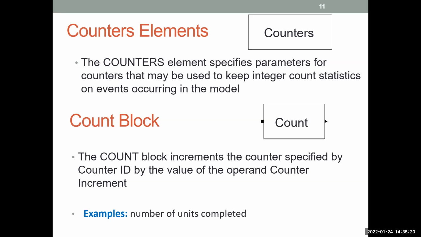So in the elements, you will define the name of the counter and the increments of the counter. So if you are going to increase every time someone crosses this block, you're going to increase it by 1 unit, 2 units, 3 units, and so on. The count block increments the count specified by the counter ID by the value of the operand counter increment. So for example, the number of units completed, you can compute that using a counter.